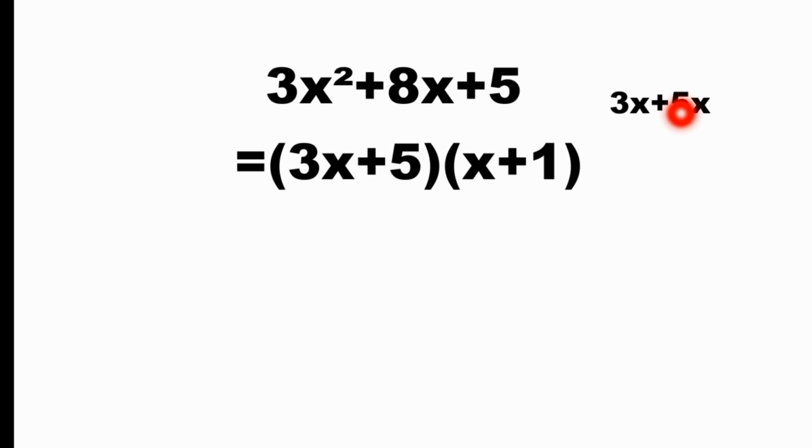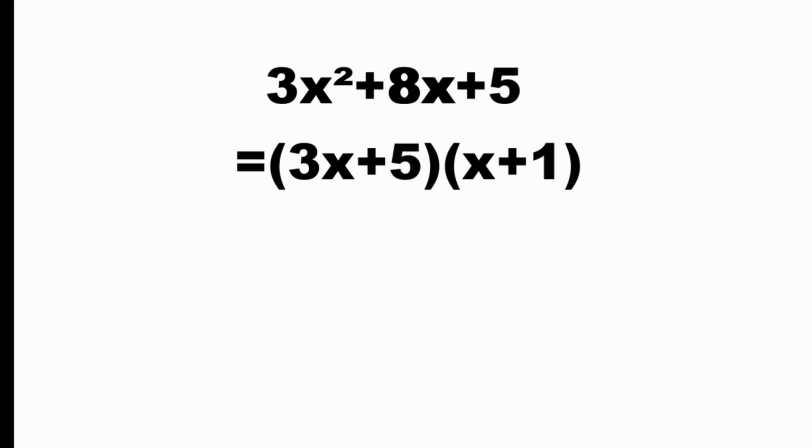If you add this, it equals 8x, which is the middle term. So these are the right factors of 3x² + 8x + 5.